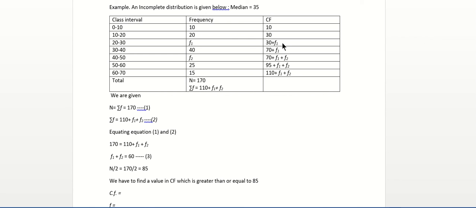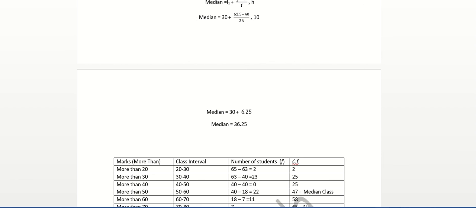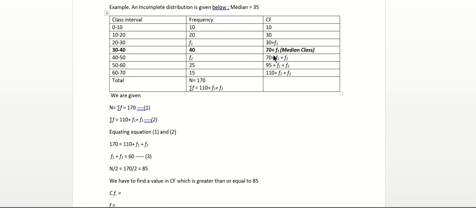But if I take 30 plus F1, it can be the value which is greater than or equal to 85. So I will take this value as the median class. This is our median class.